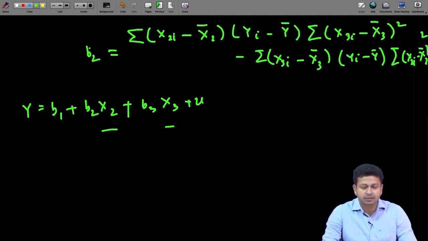It's just a symmetric way of writing. The first term and the second term are symmetric; I have just changed 2 and 3.